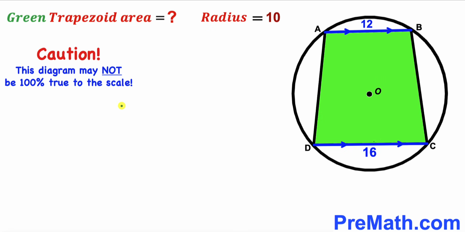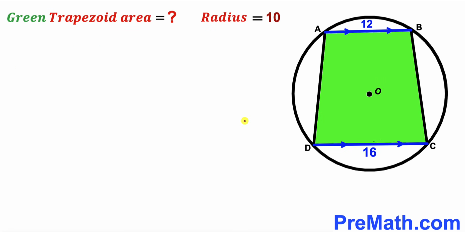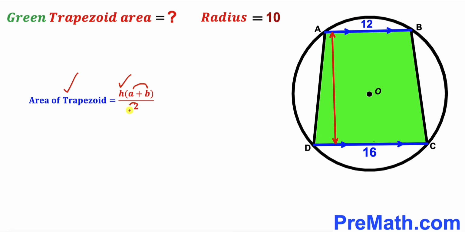Please keep in mind that this figure may not be 100% true to scale. Let's get started, and here's our very first step. Since we are interested in calculating the area of this trapezoid, let's recall the area formula: area equals the height h times the sum of the bases a and b, all over 2.